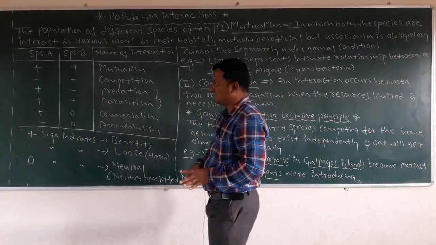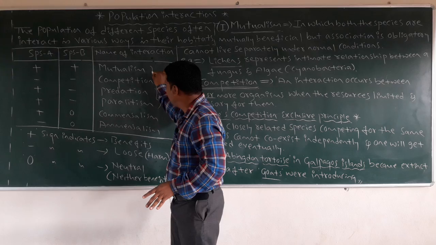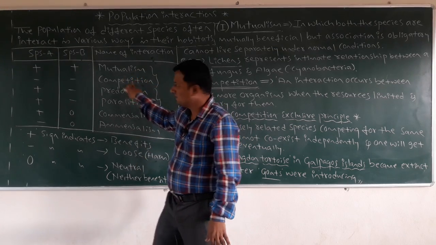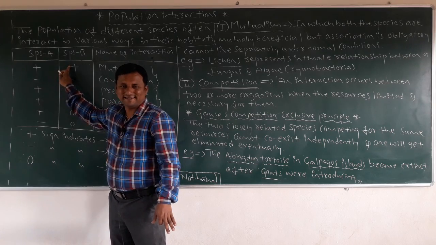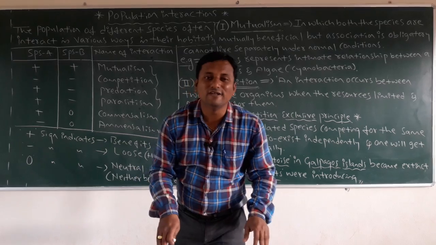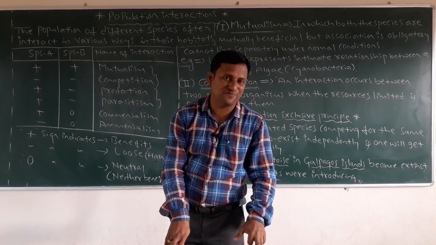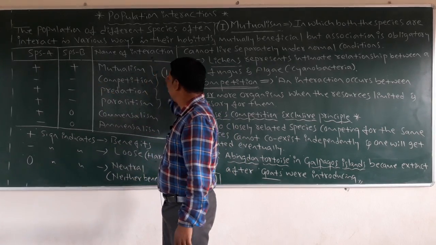Mutualism and competition are opposite. In mutualism, both the species get the benefit. In competition, both the species lose. It's opposite. This is one category.